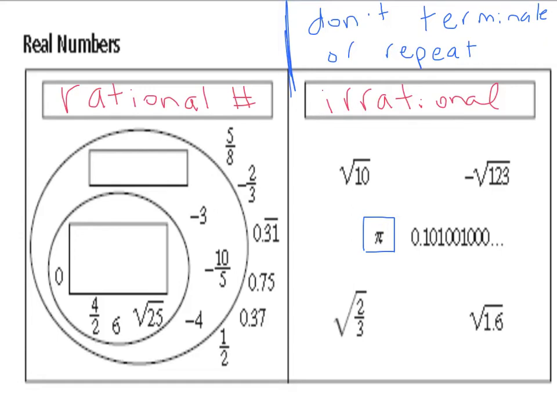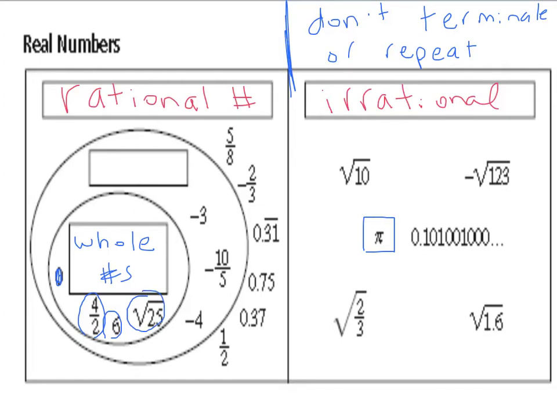In the rational numbers, we start in the middle and we work our way out. First we have whole numbers, which look like this. 0 is a whole number. 4/2 is a whole number when you clean it up. 6 is a whole number. The square root of 25 is a whole number.